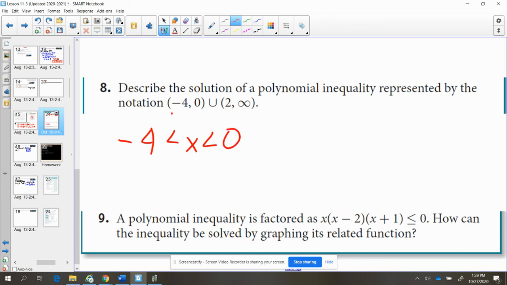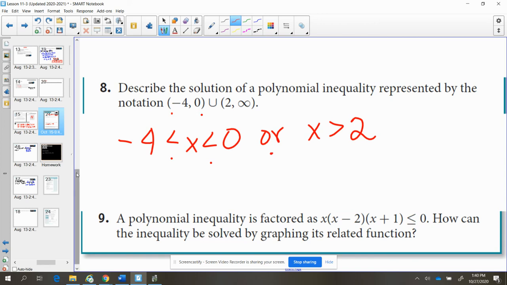Now notice these are parentheses, so it's just less than, not or equal to signs. And when we talk about 2 to infinity, that means we would want all the x values greater than 2 if we're talking about going to infinity. Okay, that union symbol in between there just means or. We are going to usually use interval notation like they have in number 8, but officially, inequality and interval notation do the same thing.